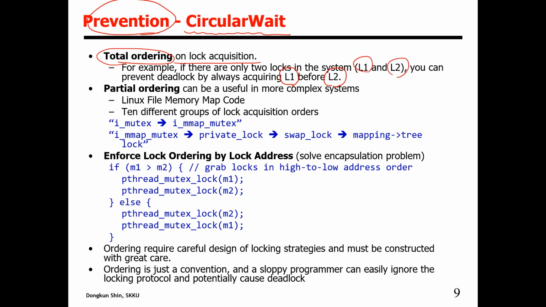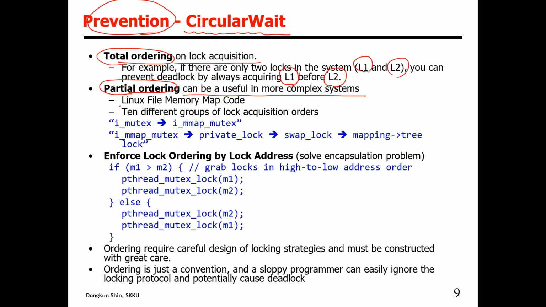Okay, but total ordering is very difficult to implement in a real system because there are many lock variables in the system. So partial ordering can be useful in more complex systems.